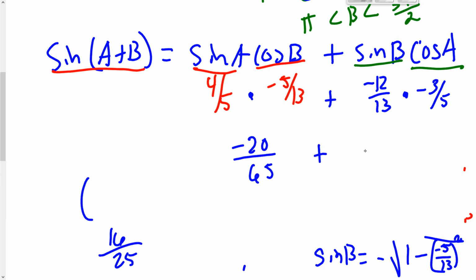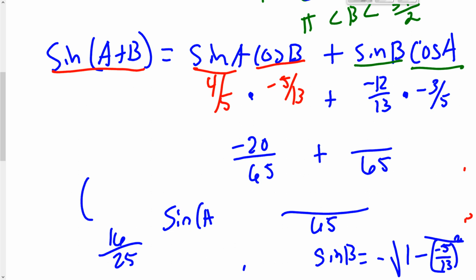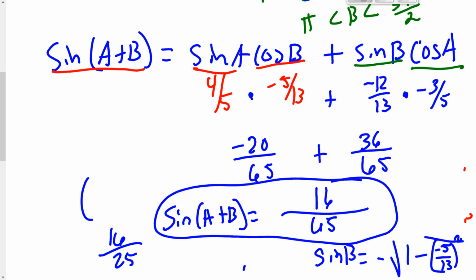And this would be still, oh, that's nice, 65 and 65, so that means we have a common denominator, right? So sine of A plus B is equal to, and we have the signs of negative 20 and a positive 36, so that is 16. So we have sine of A plus B as 16 over 65. So there's our answer. So that's how you can apply it there.